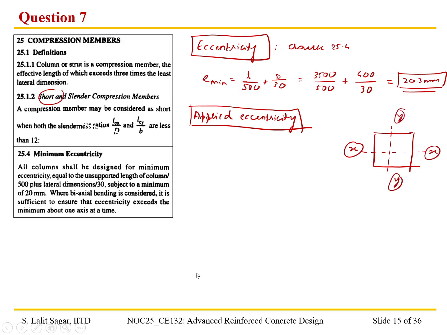I'll take a different color to represent the moments along both the directions. This will be my, and this will be Mx, that is moment about the x-axis and the moment about the y-axis.